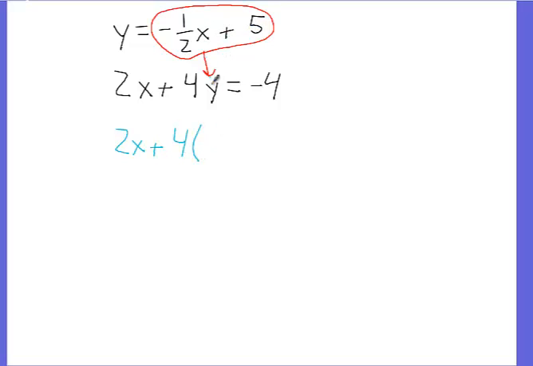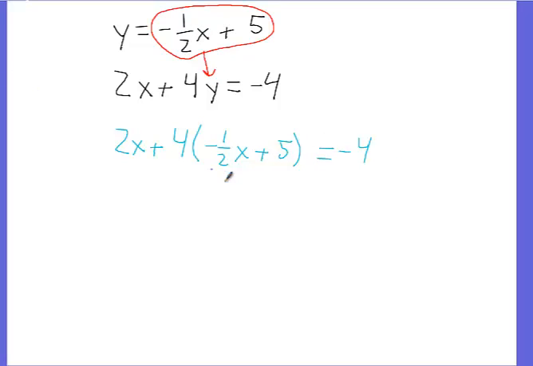Since we're substituting this whole quantity into y, we must multiply 4 times this whole thing, which means we must put it in parentheses. So it becomes negative 1/2 x plus 5, close parenthesis, equals negative 4. So the second equation evolves into 2x plus 4 times negative 1/2 x plus 5, because that's what we substituted in for y, and it's still equal to negative 4.